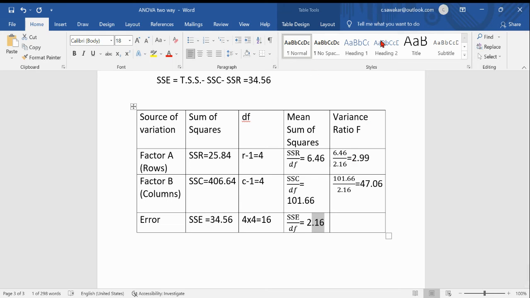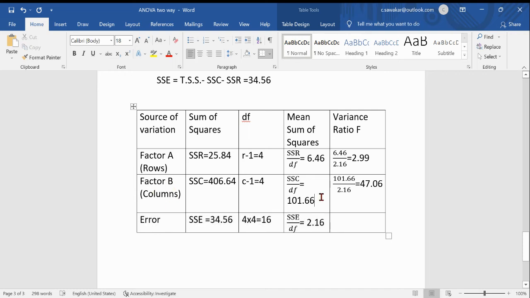If you notice, there is no direct calculation between factor A and factor B. We have calculated a totally different term, that is the error term, and we have compared factor A separately with that error and factor B separately.